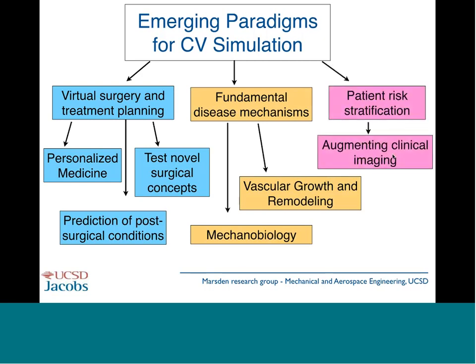And then also thinking about simulations as a way of augmenting clinical imaging. So we can get a lot of very beautiful anatomic information from medical imaging. And simulations provide now another layer on top of that, where we can start to look at flow, stresses, mechanical deformations, et cetera.